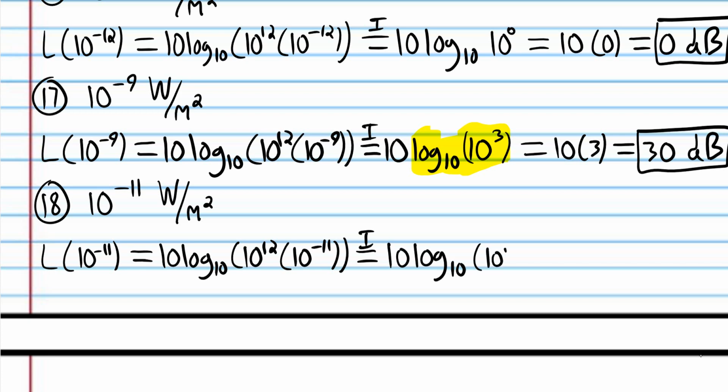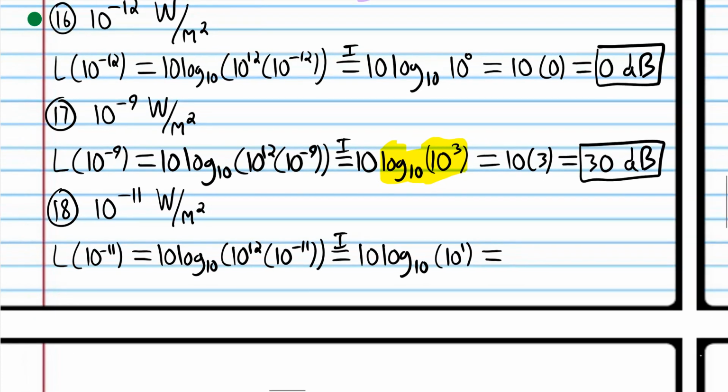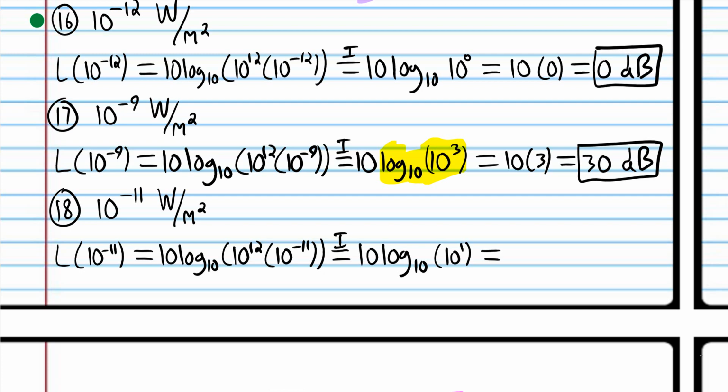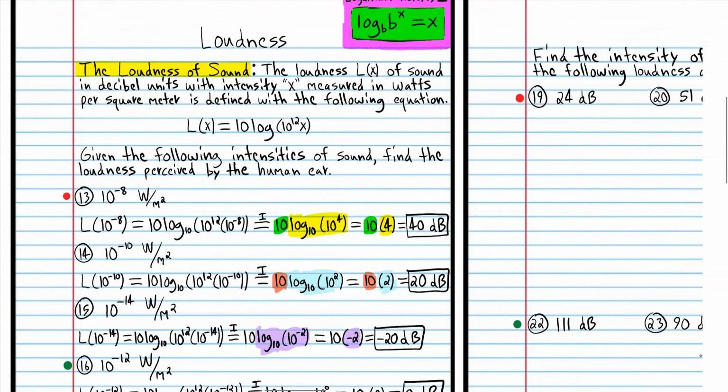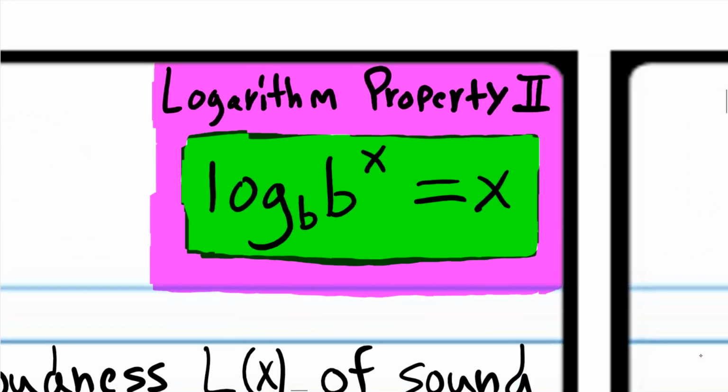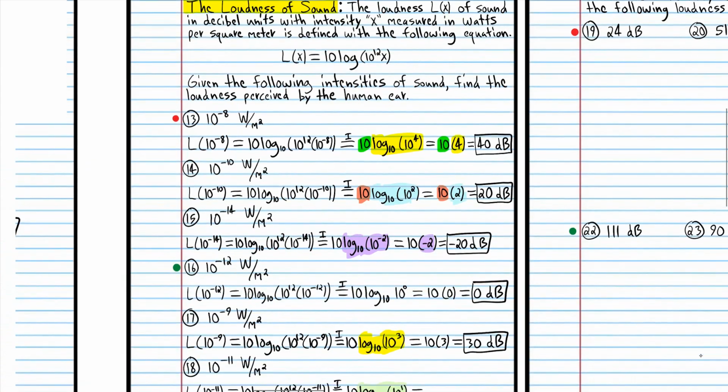So we have 10 to the 1 power, and this entire logarithm just becomes 1 because remember logarithm property 2, we talked about that. Again, if you want a picture of that, go ahead and get that picture there.